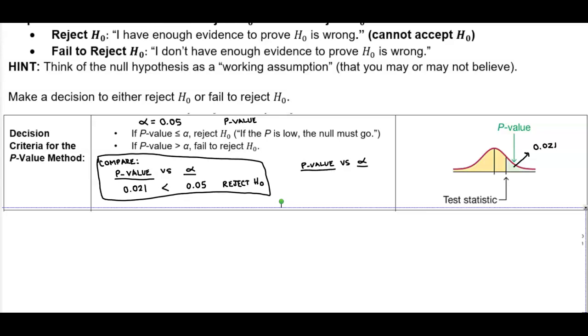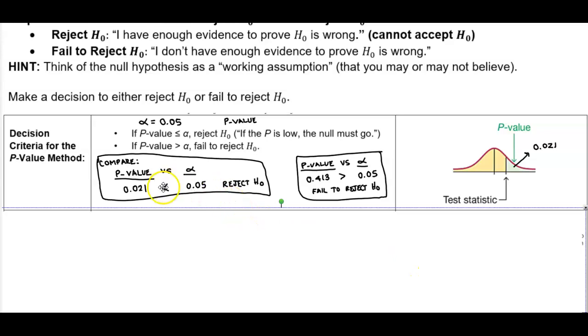Let's say that we have a p-value of 0.413, and we're looking at the significance level of 0.05. Well, that tells us that the p-value is greater than that. And if that is the case, then we would say fail to reject the null hypothesis.